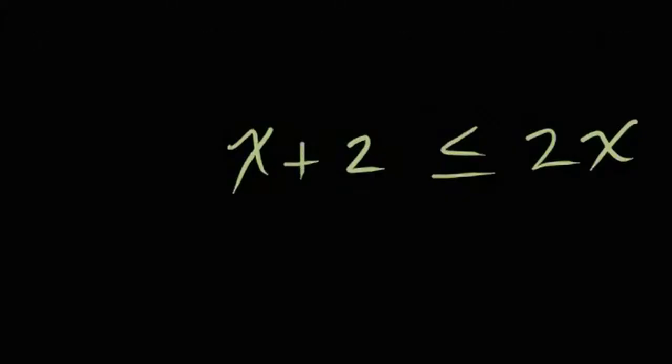So if we try out 0 on this inequality right over here, let's substitute x with 0. We'll have 0 plus 2 needs to be less than or equal to 2 times 0. Is that true? On the left-hand side, this is 2 needs to be less than or equal to 0. Is 2 less than or equal to 0? No, 2 is larger than 0.